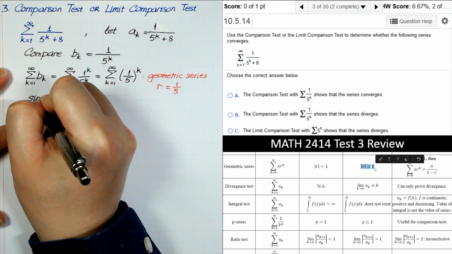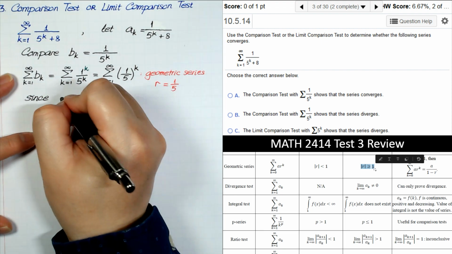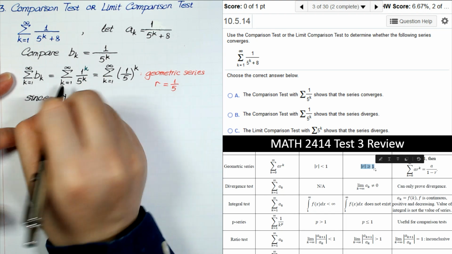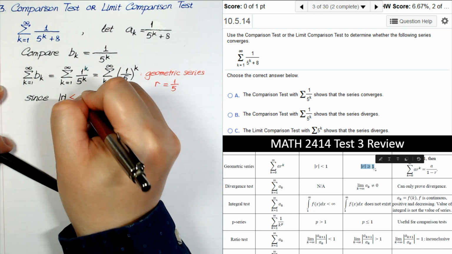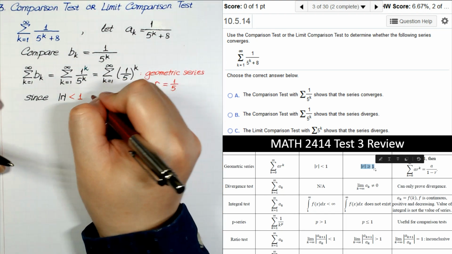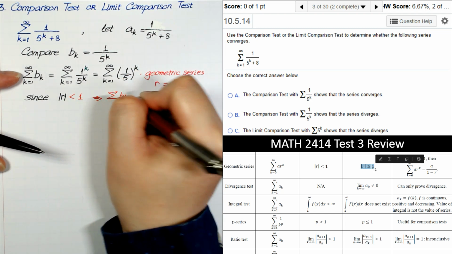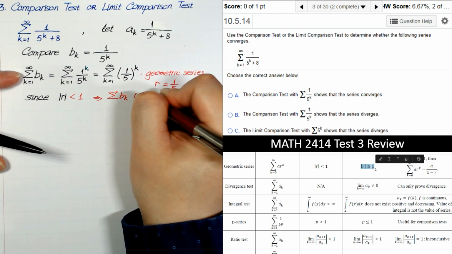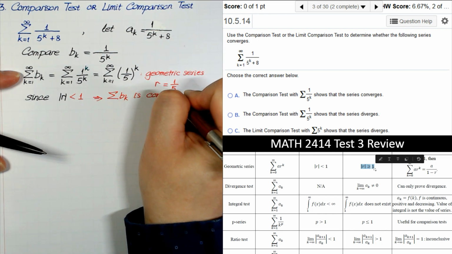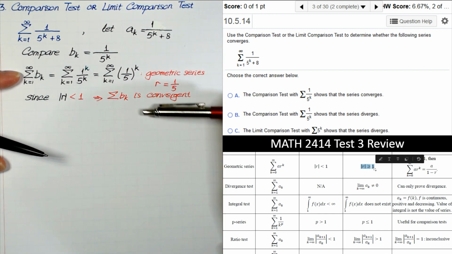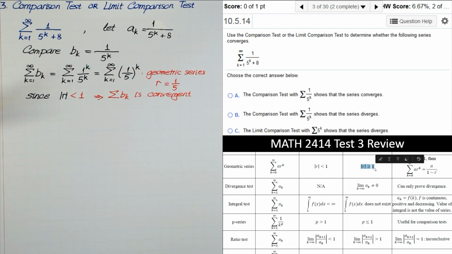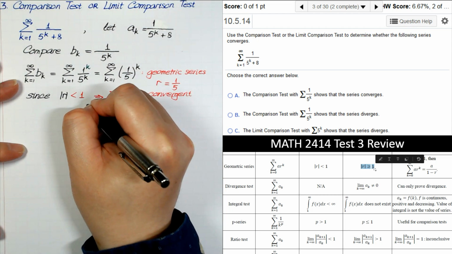Since the absolute value of r is less than 1, because of that, the series b k is convergent. And since we compare these two, a sub k is also convergent.